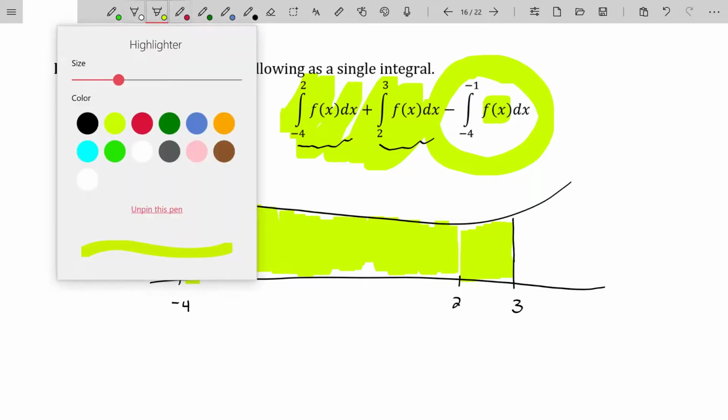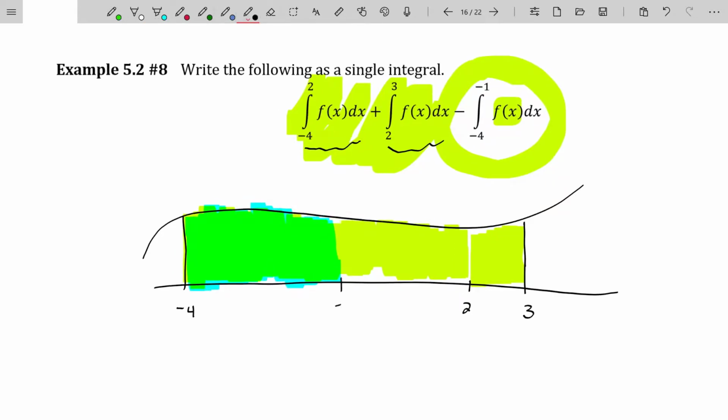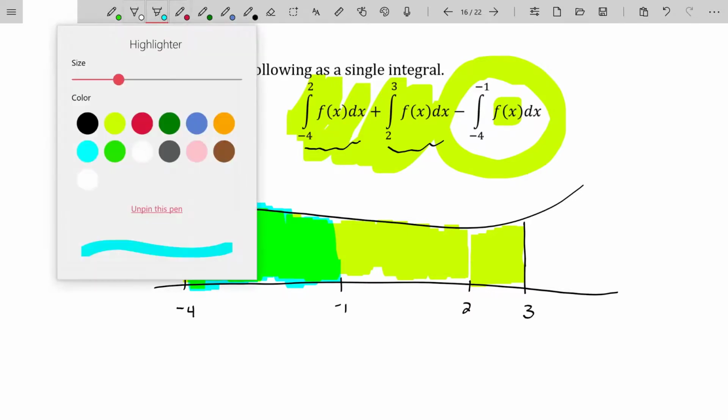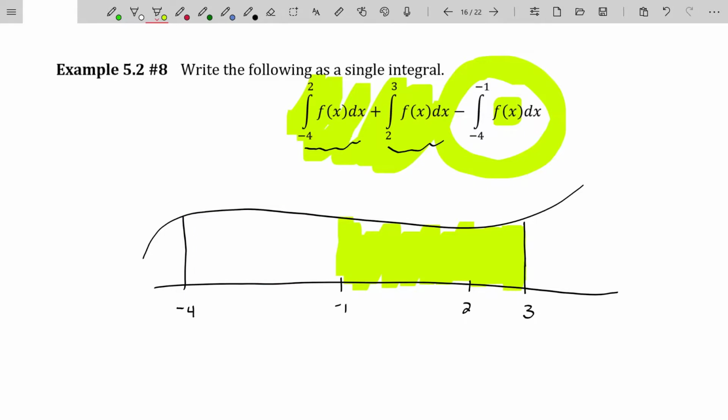That is, lose all this area right here from -4 all the way up to, let's just pretend that's -1 right there. Lose that area. In other words, all we want to keep is this yellow highlighted area here. We want to lose everything else.